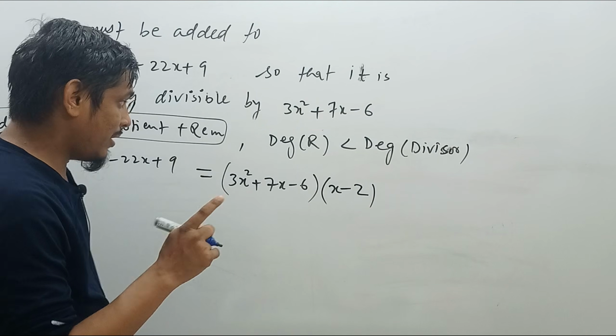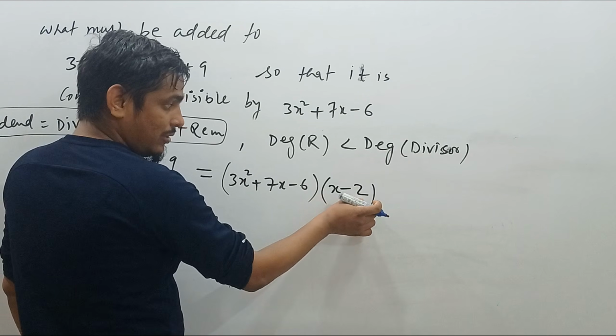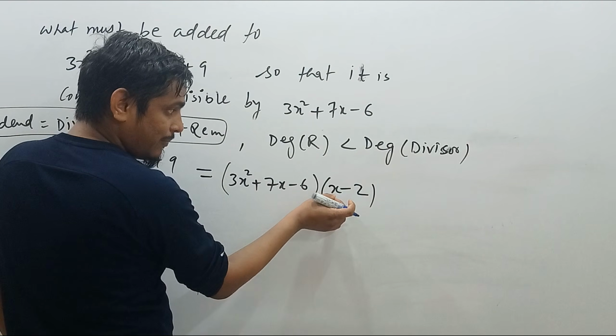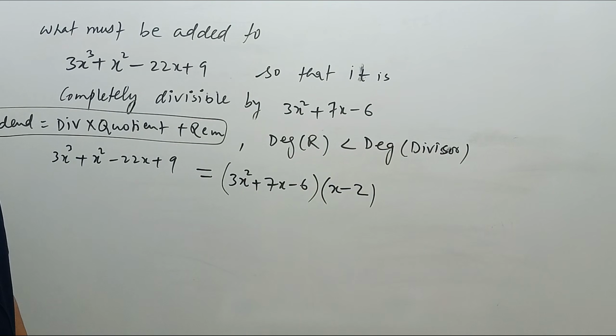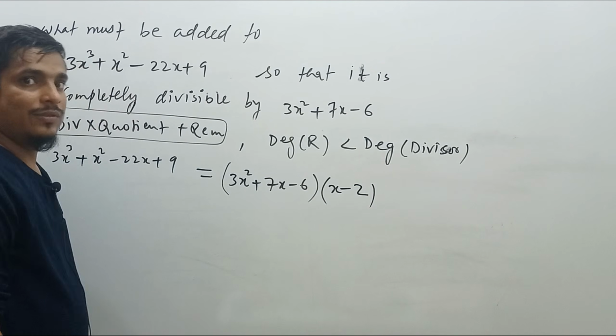By doing this we have gotten the quotient. But notice that when we multiply 7x by −2, that gives a term containing x. The same way, when we multiply −6 by x, that gives a term containing x, and when we multiply constant with constant, that gives the constant term.